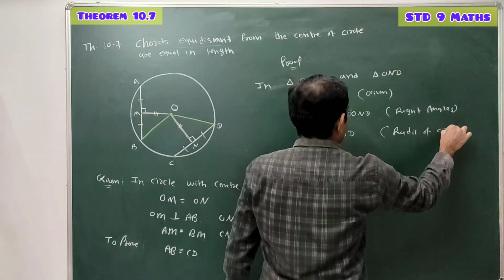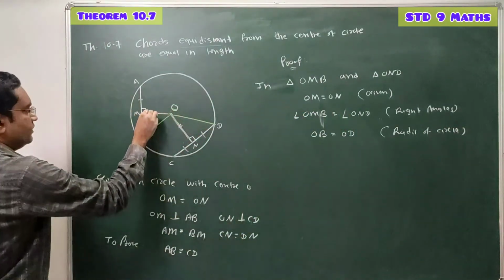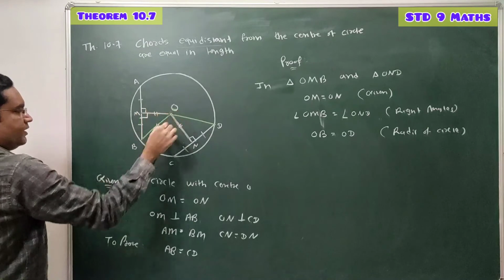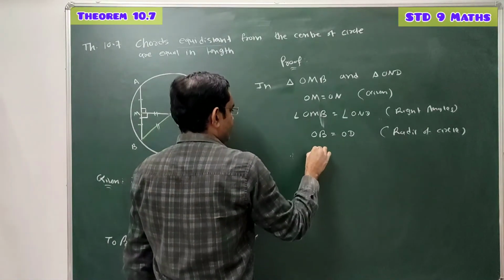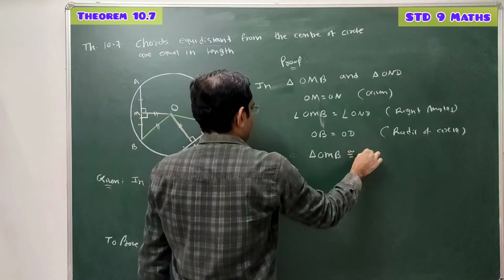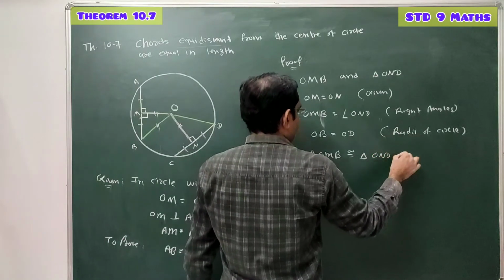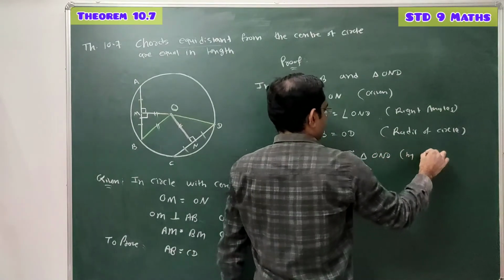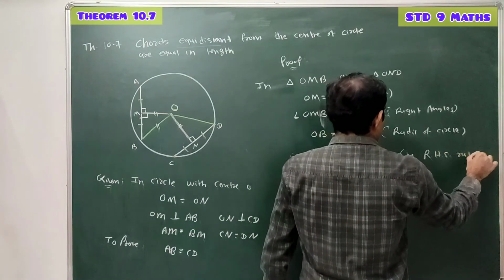So the right angle, hypotenuse and a side are equal. By the RHS criterion we can say that triangle OMB is congruent to triangle OND by the RHS rule.